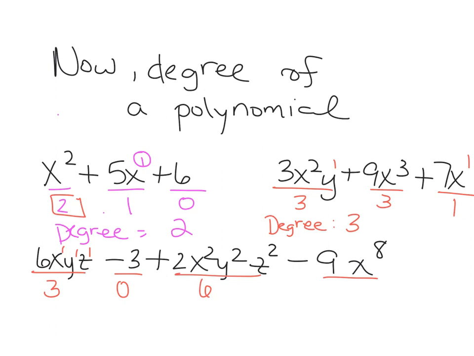And the degree of the last term is just the 8. Okay, the degree of the polynomial, again, you don't add them up, you just take the highest. Which number is higher, 3, 0, 6, or 8? The answer is 8. So the degree of that polynomial is 8.